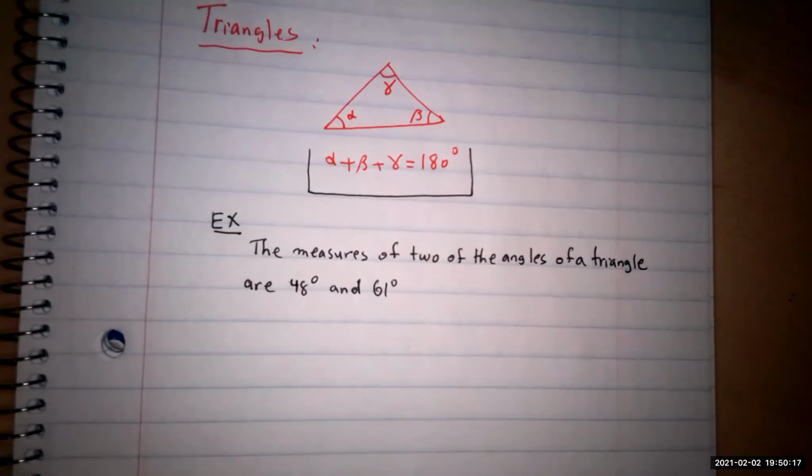So one of them is 48 degrees, the other one is going to be 61. We want to find the third one.